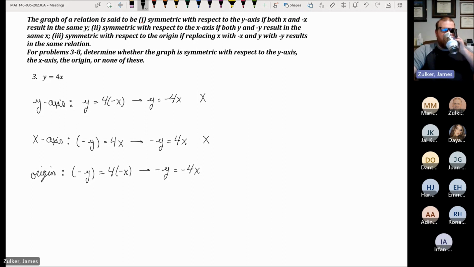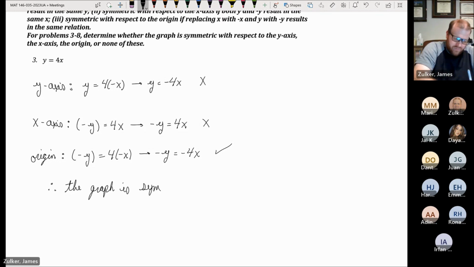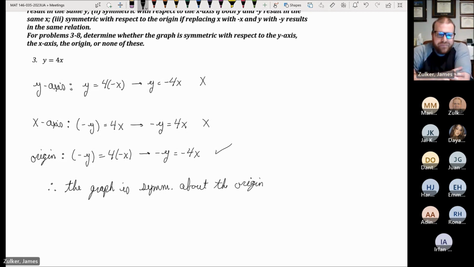It is. That means that our graph is symmetric about the origin.